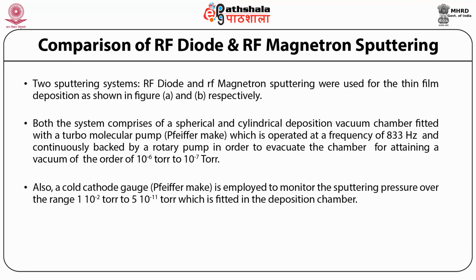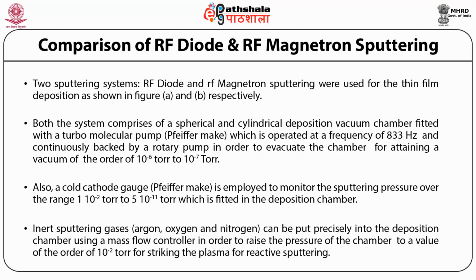Also, a cold cathode gauge is employed to monitor the sputtering pressure over the range 1 into 10 raised to the power minus 2 torr to 5 into 10 raised to the power minus 11 torr, which is fitted in the deposition chamber.